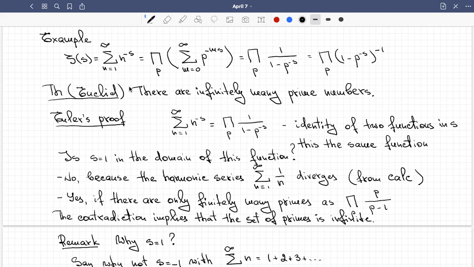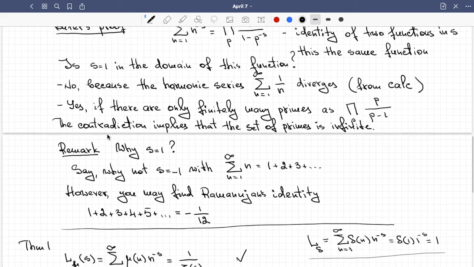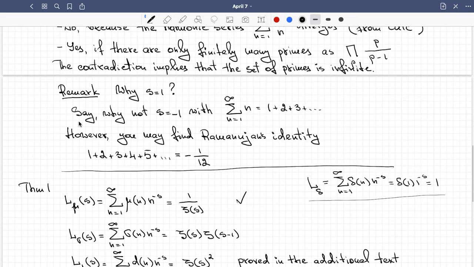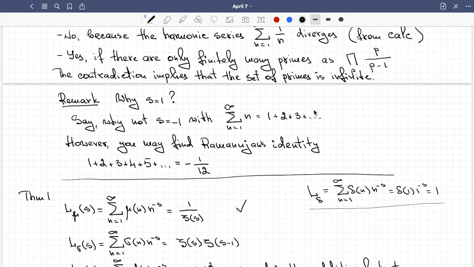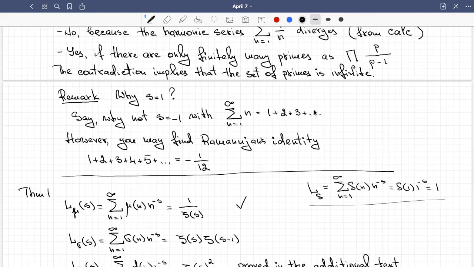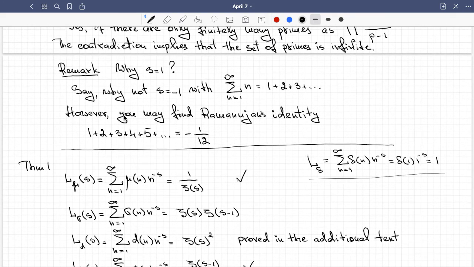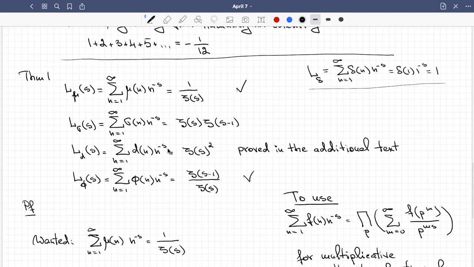There are infinitely many prime numbers. So Euler came up with a completely different proof. We discussed that proof with a little bit of remark on further justification and a very interesting Ramanujan's identity, which I will not tell you how to interpret.